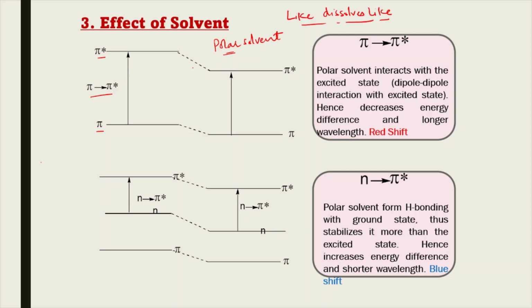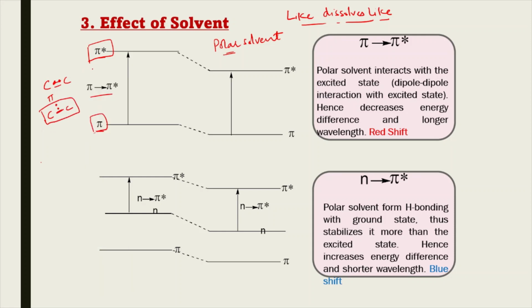polar state. Now, this pi and pi star, if we compare these two states, the pi star is more polar as compared to the pi system. How come? This is the C double bond C. In pi system, the electrons are like this, but in case of pi star, the electrons are like this.